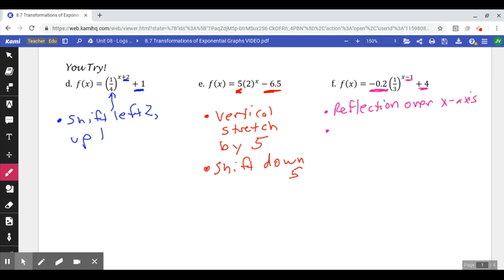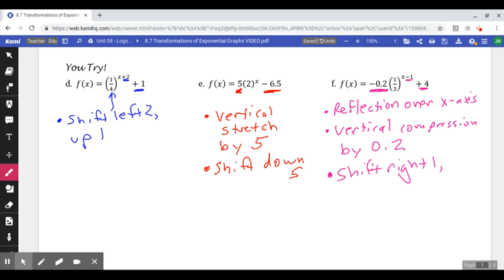The 0.2 is in between 0 and 1. So this will be a vertical compression. The graph's going to look like it widens out a little bit by 0.2. The next piece, the minus 1, is a shift right 1. And then the plus 4 will be a shift up 4.